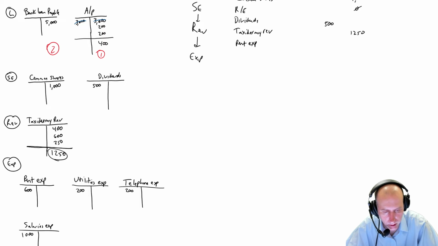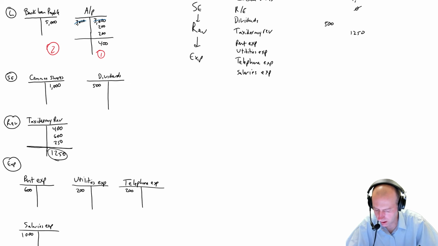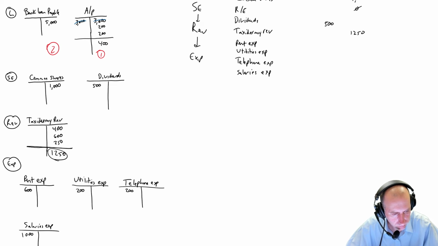Rent expense, utilities expense, telephone expense, and salaries expense. Rent 600, utilities 200, telephone 200, salaries 1,000.